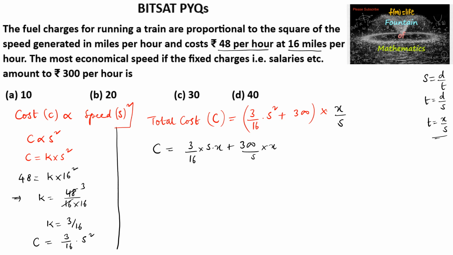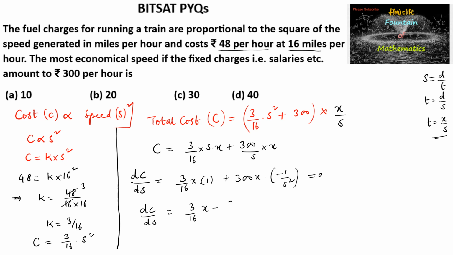Now we need to minimize the cost. So let us differentiate dC by ds, which is equal to 3 upon 16x, differentiating s is 1, plus 300x into the differentiation of 1 upon s, which is minus 1 by s squared. For minimum we have to consider it equal to 0. So dC by ds is equal to 3 upon 16x minus 300x upon s squared.